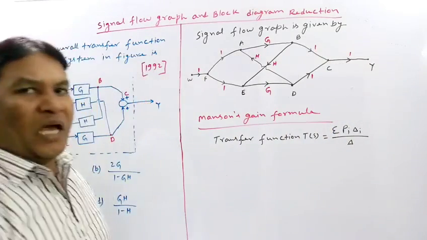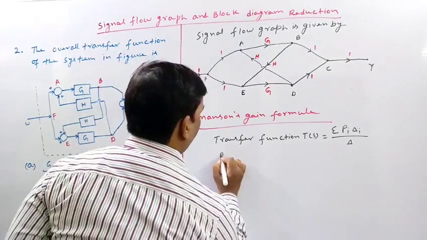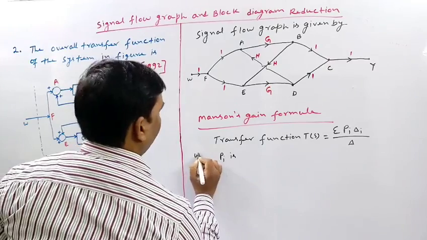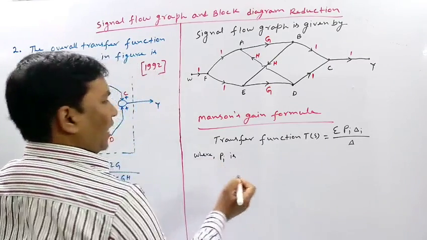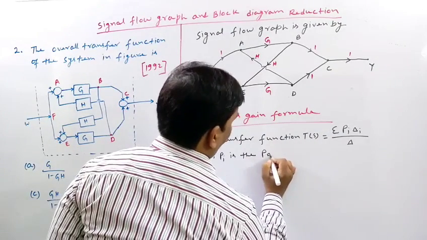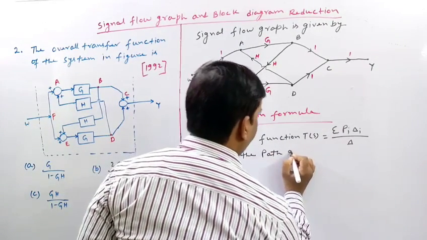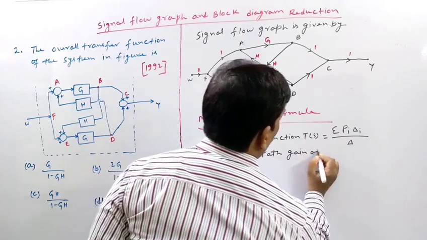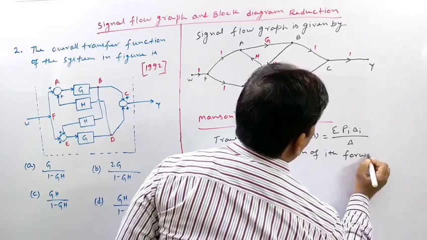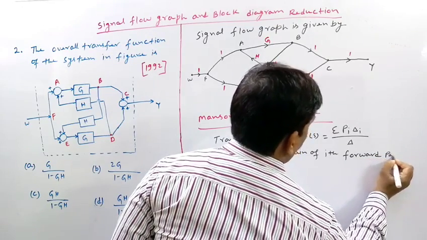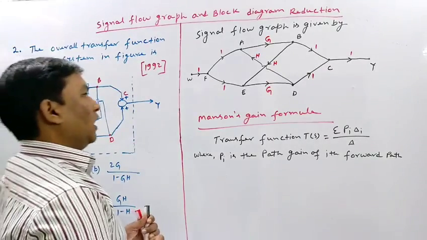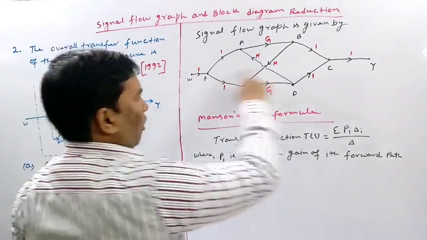Now Pi is the path gain of the ith forward path. Forward path means any path which is connecting from input to output.